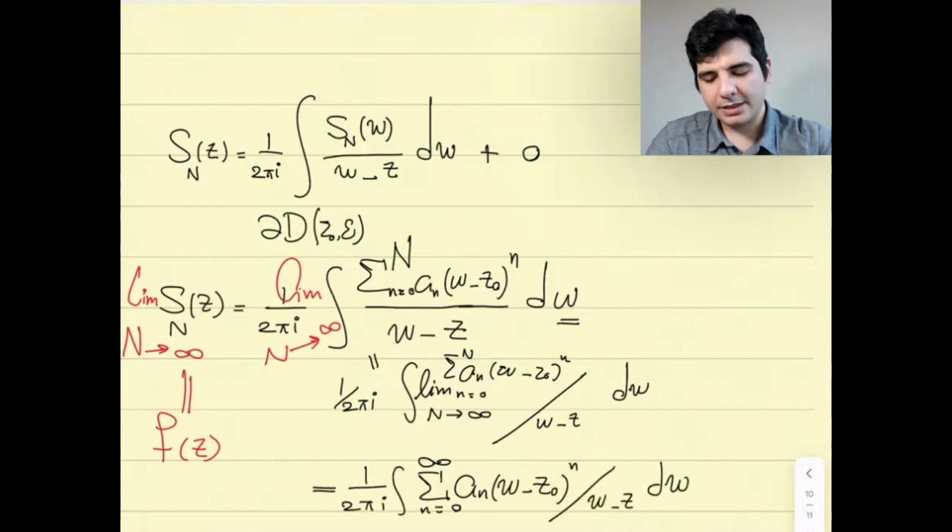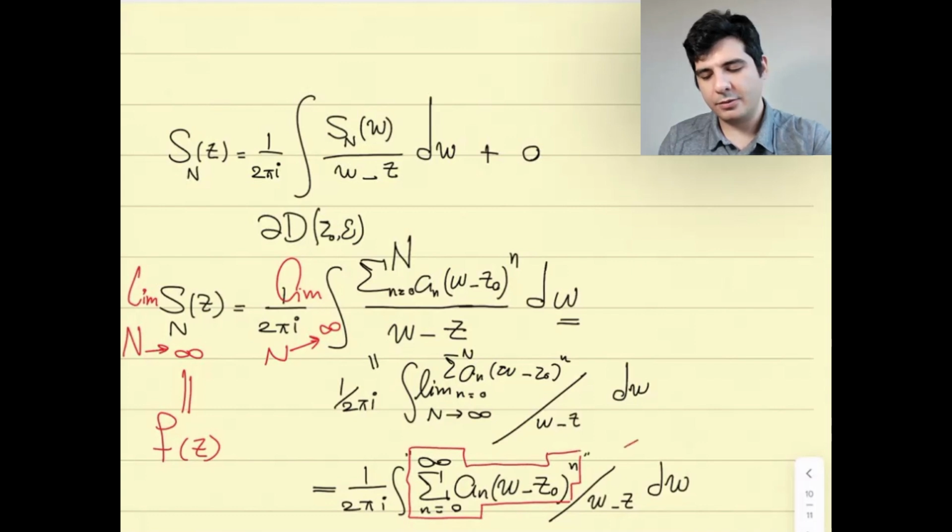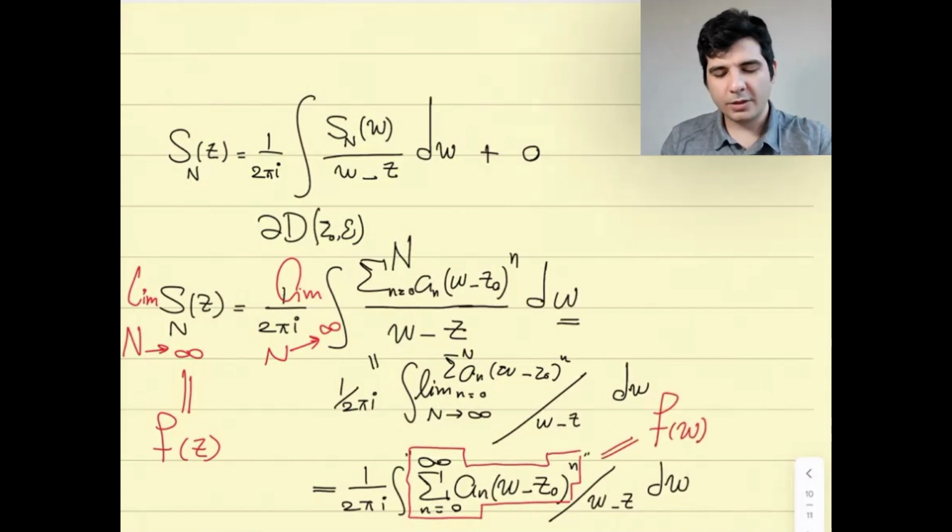But what is this? What is the sum of a_n (w minus z naught) to the n from 0 to infinity? This is the definition of f. So what we have here is equal to f of w. What do we get?